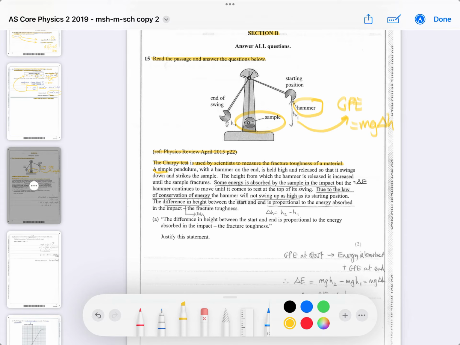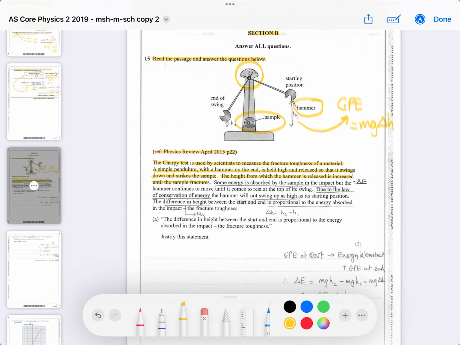A simple pendulum method with a hammer at the end is held high and released so that it swings down and strikes the sample which is placed in the center of the swing. The height from which the hammer is released is increased until the sample fractures. Okay, so you can see there's some kind of measuring tool with the angle at which you can tilt it.